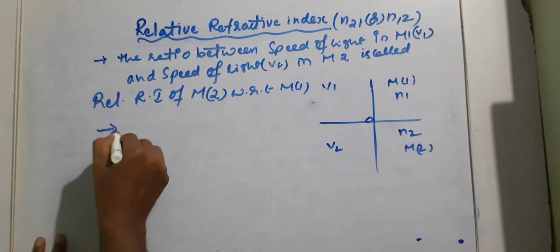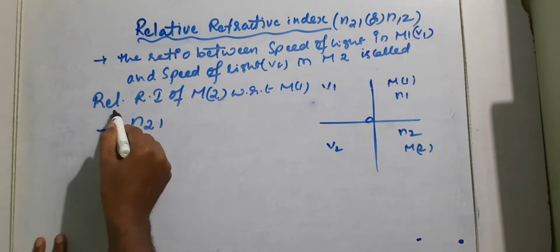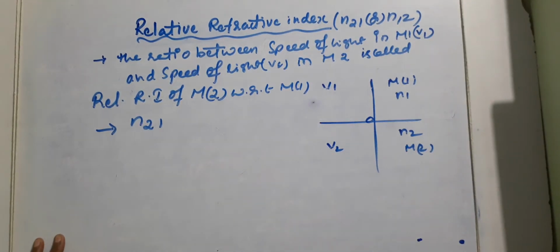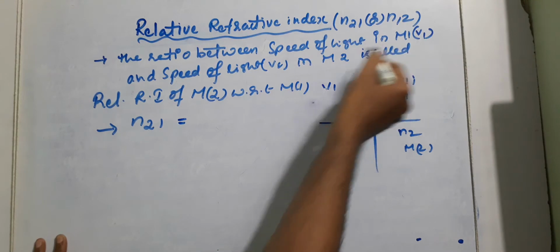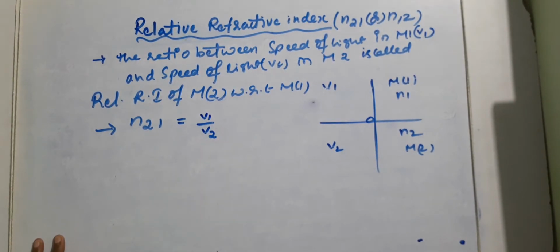It can be written as n21. So 2 is written first. That is why it is the relative refractive index of medium 2 with respect to medium 1. It is given as the ratio between the speed of light in medium 1, v1, and the speed of light in medium 2, v2. So n21 is equal to v1 by v2.